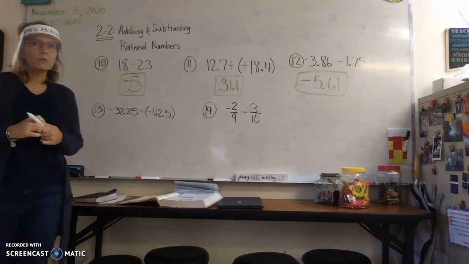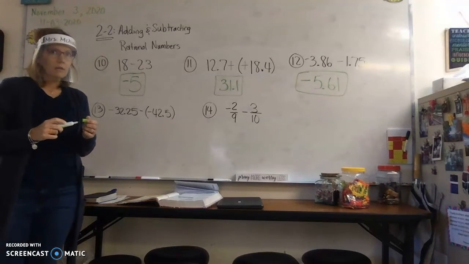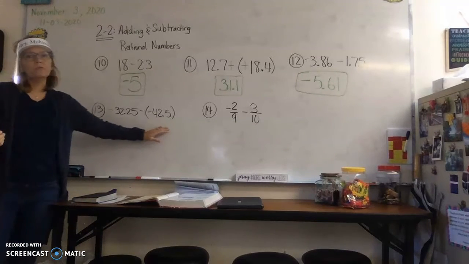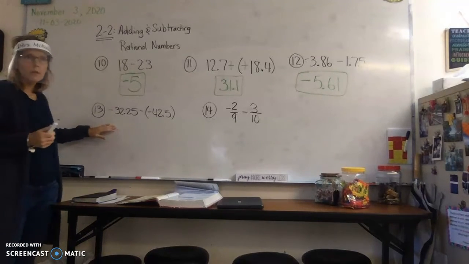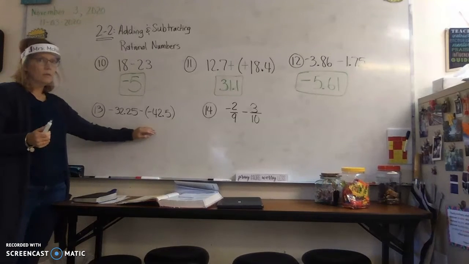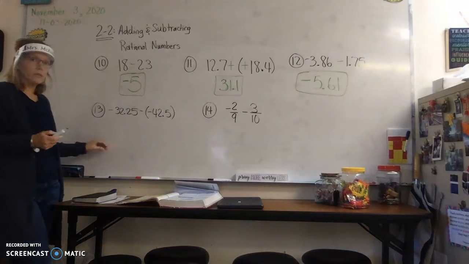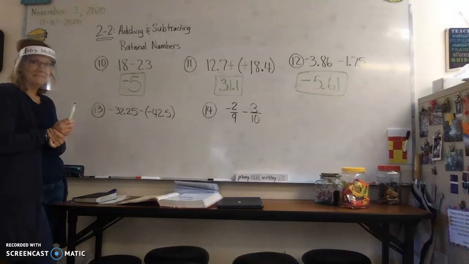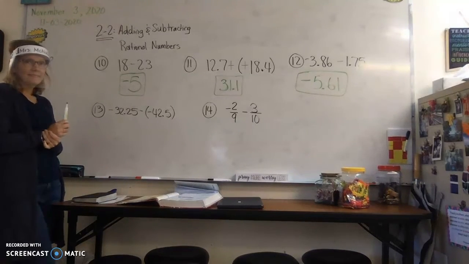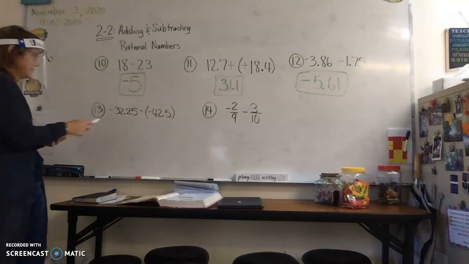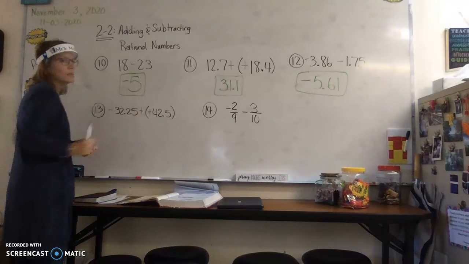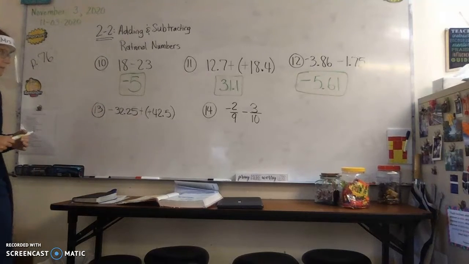Do we need to pause for a second? Good? Okay, so how about this one? What do I have to do first on this problem? The one in the parentheses. Yes. So the two signs that are right next to each other, they turn to positive.